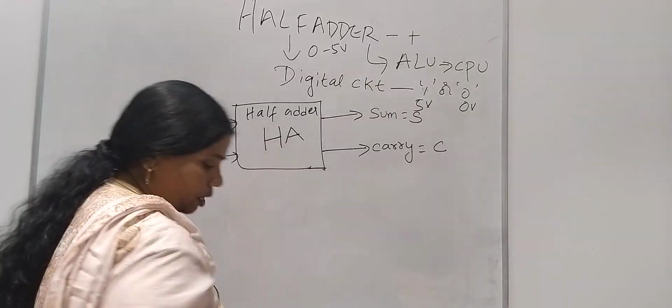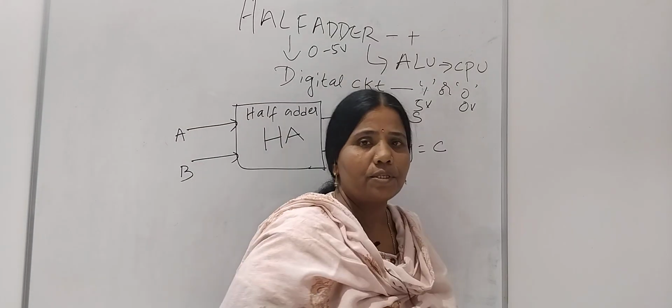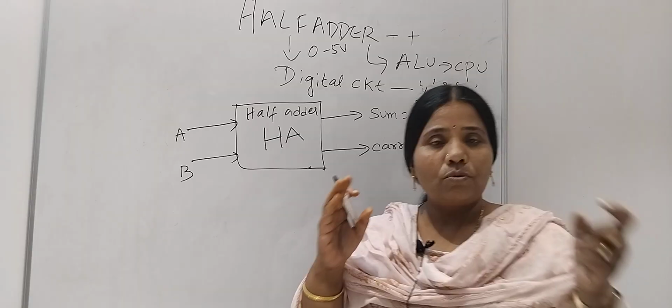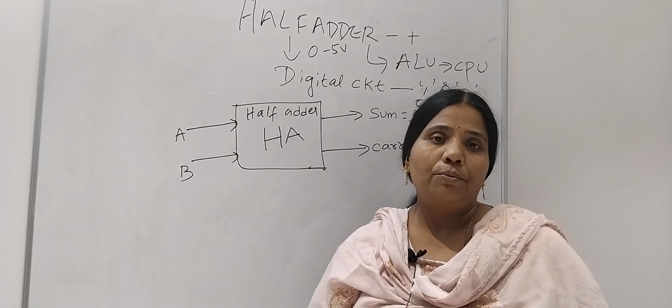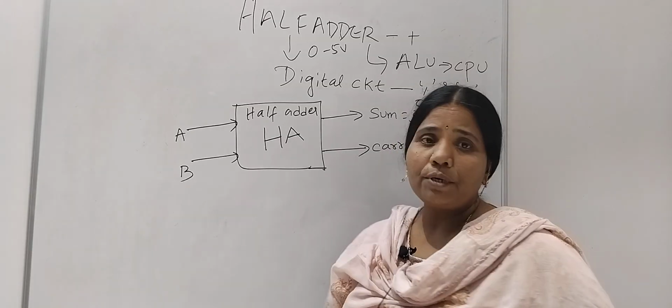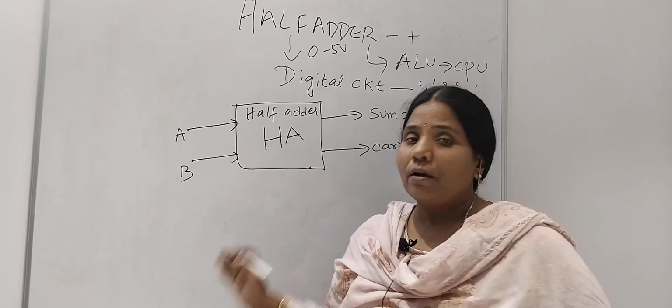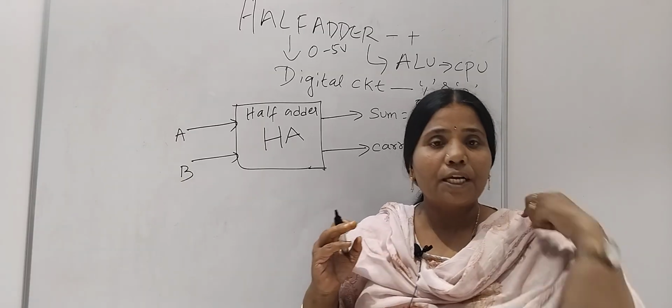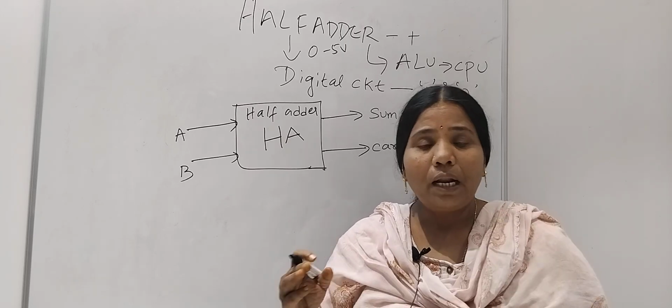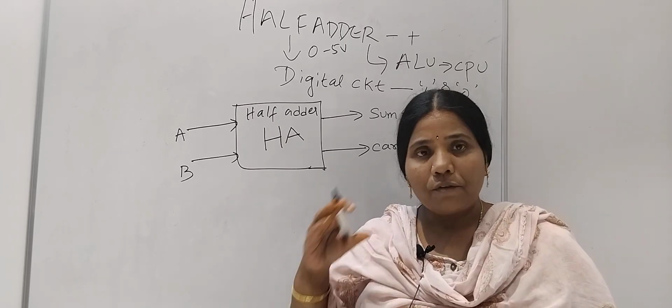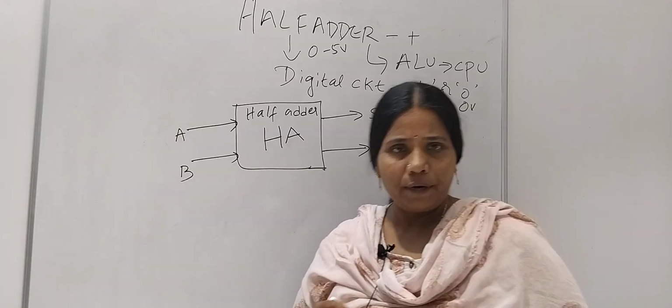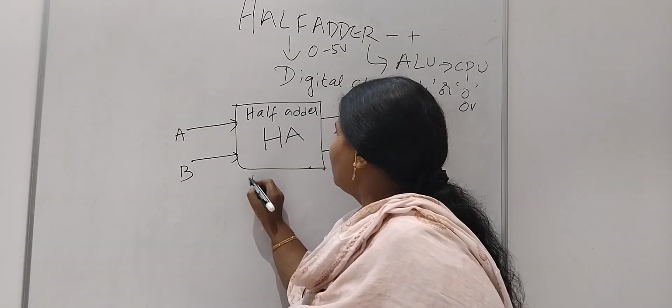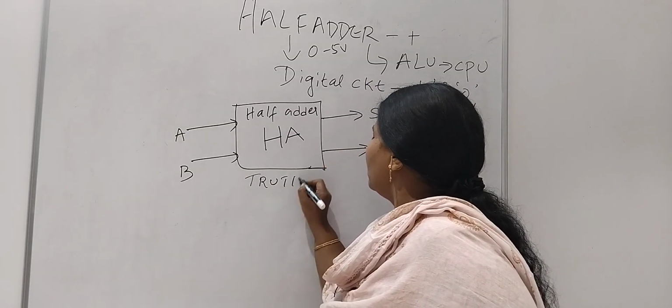Whenever you write any digital circuit schematic, we have to draw the corresponding truth table. A truth table in a digital circuit is a table which represents, for the given input, what output you are going to get. So first you write the truth table.